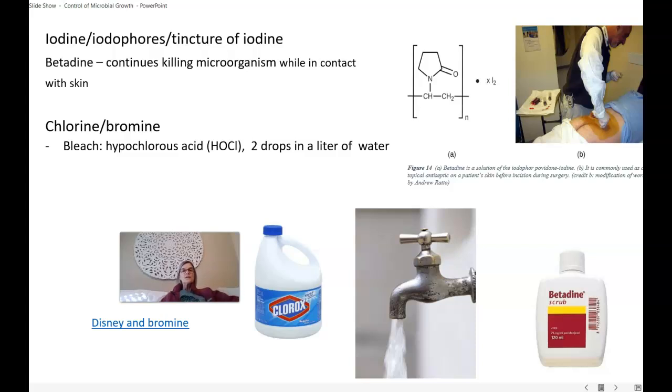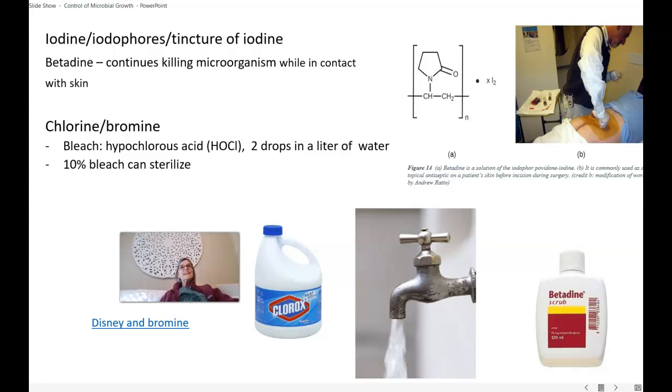One thing you can do is take 2 drops of bleach in a liter of water, and a liter is about a quart, or you know what a 2-liter bottle of soda looks like. 2 drops of bleach in a liter of water is very effective at controlling microbial growth.